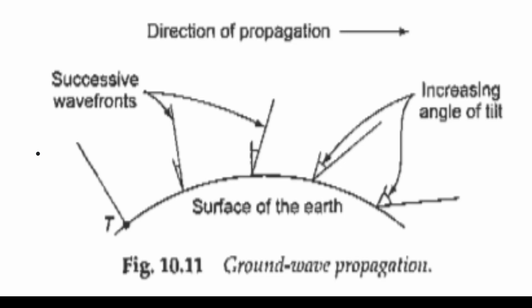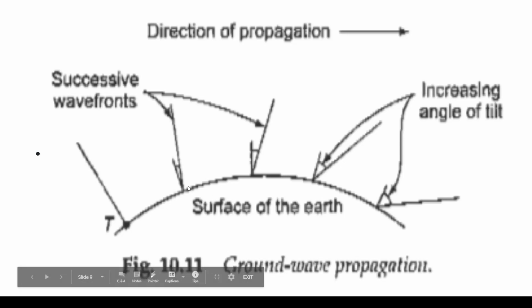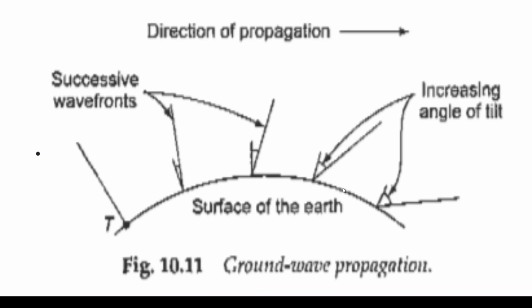Of course, the surface of the earth is curved, so the wave tilts at each curvature of the earth. As we are seeing, these are the successive wave fronts, and the angle of tilt keeps on increasing, and through diffraction the wave loses its energy.